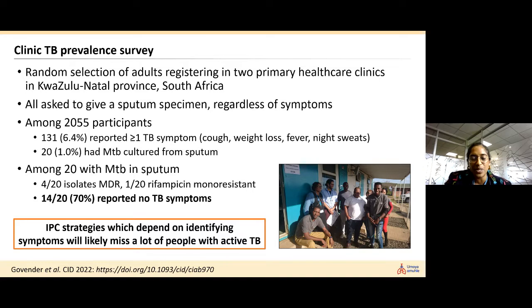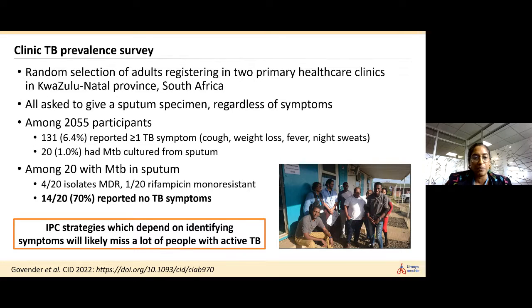Of the 20 with TB in the sputum, 4 of the isolates were multi-drug resistant and 1 was rifampicin monoresistant. And 14 of the 20 reported no TB symptoms. So our conclusion here was that IPC strategies which depend on identifying symptoms will likely miss a lot of people with active TB.